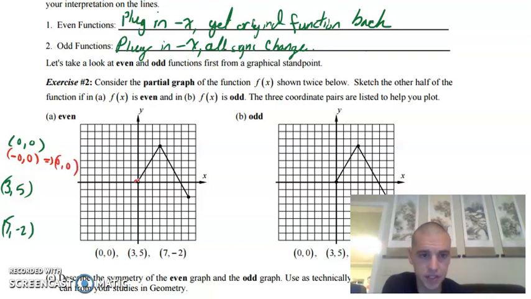So let's plot that, 0, 0. I plug in negative x, which gives me negative 3, and I get back the original, 5. So negative 3, 2, 3, up 5. In the last one, I plug in negative x, so negative 7, and I get back the original, negative 2.